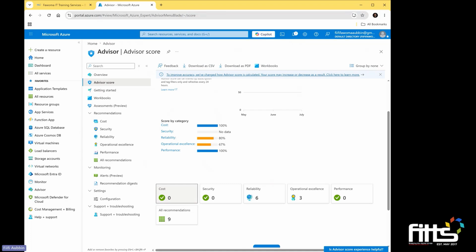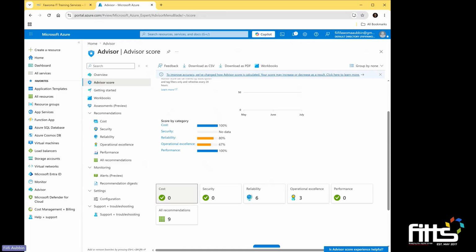And Azure Monitor will tell us what's happening inside our environment. Azure Service Health tells us what's happening with the Microsoft Azure platform. So note the difference. Azure Advisor tells us how to improve our environment, and each service has a different purpose, but together they help organizations manage Azure effectively.